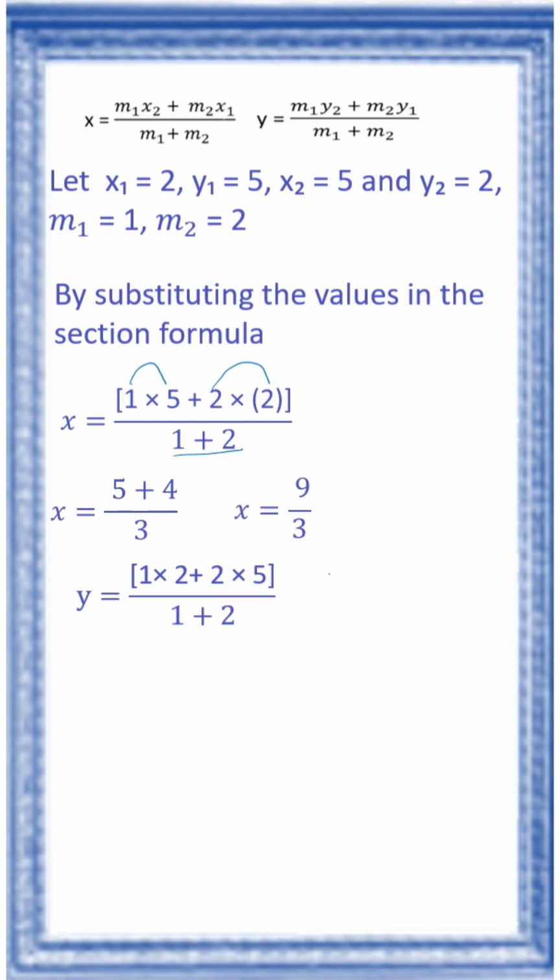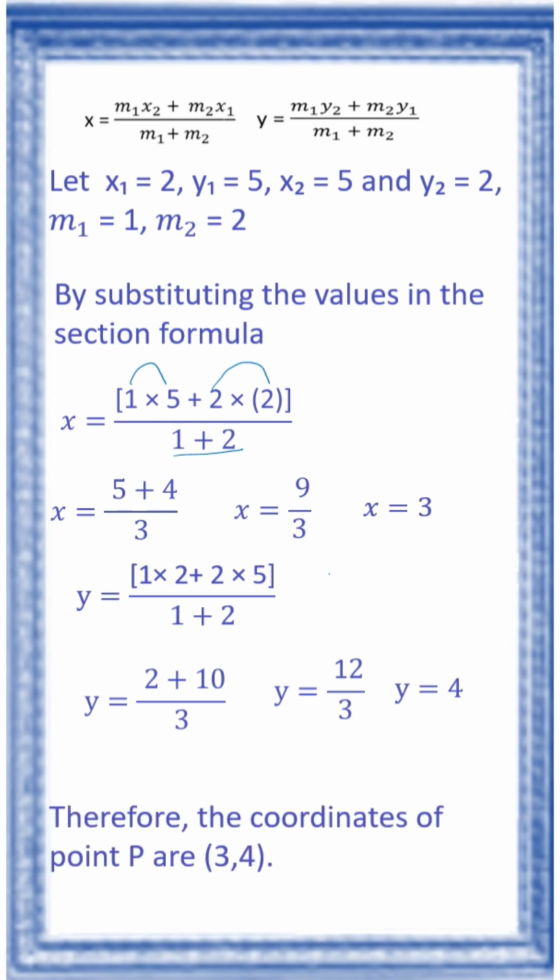So x is equal to 9 by 3, so x is equal to 3. y is equal to 1 into 2 is 2, 2 into 5 is 10, 1 plus 2 is 3. So y is equal to 12 by 3, so y is equal to 4. Therefore, the coordinates of the point P are 3, 4.